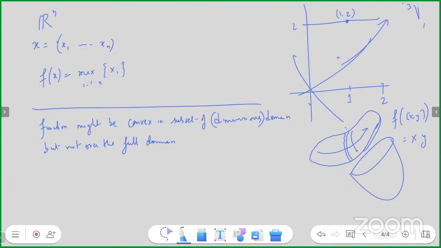This has to be more precise because the function x squared by y is convex. That's the funny thing. So let me just put it out today and you can check for yourself. So x by y, where y is greater than 0, is not convex, while x squared by y, again with y greater than 0, is convex.